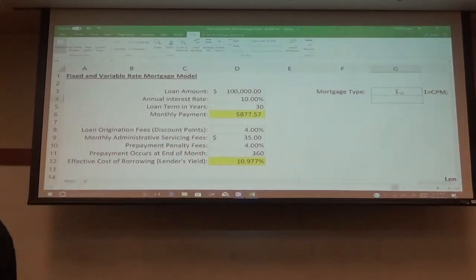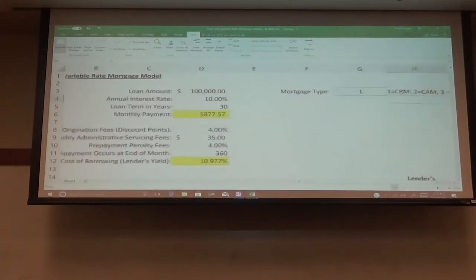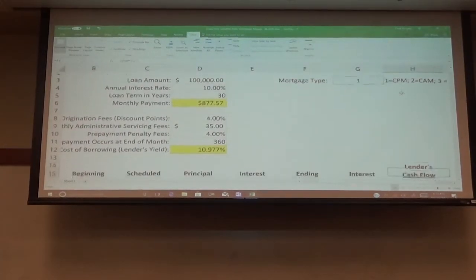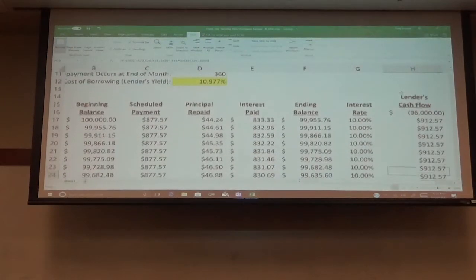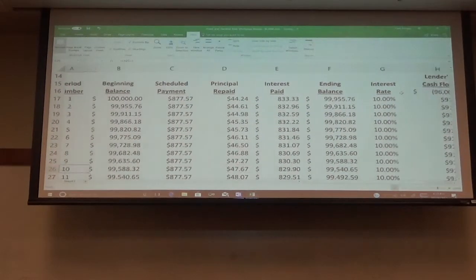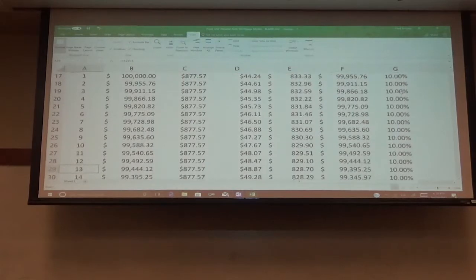Okay, so now what we're going to do, we're going to go over and change the interest rates. So after 1 year, we want to go from 10% to, I don't know, 15%.